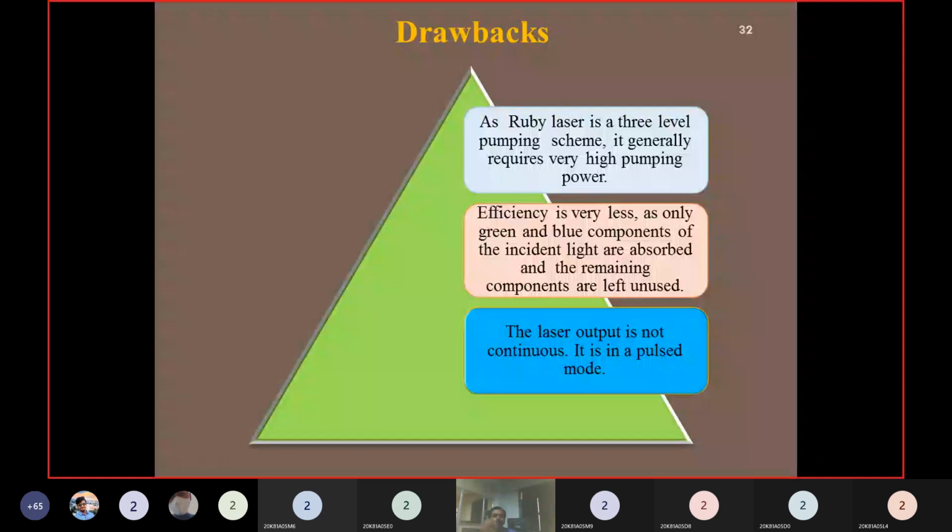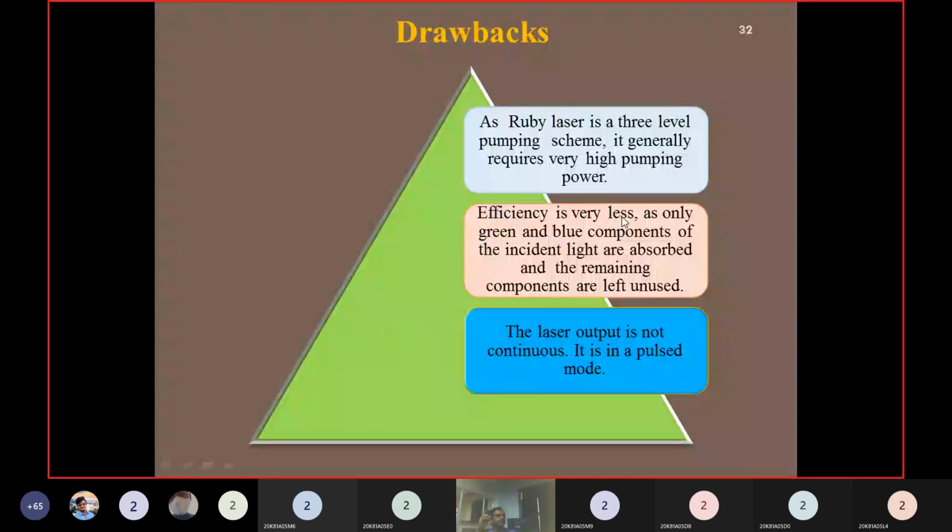If you take only a two-level laser, it requires a very huge amount of energy. So if you increase the number of levels, the energy used reduces.